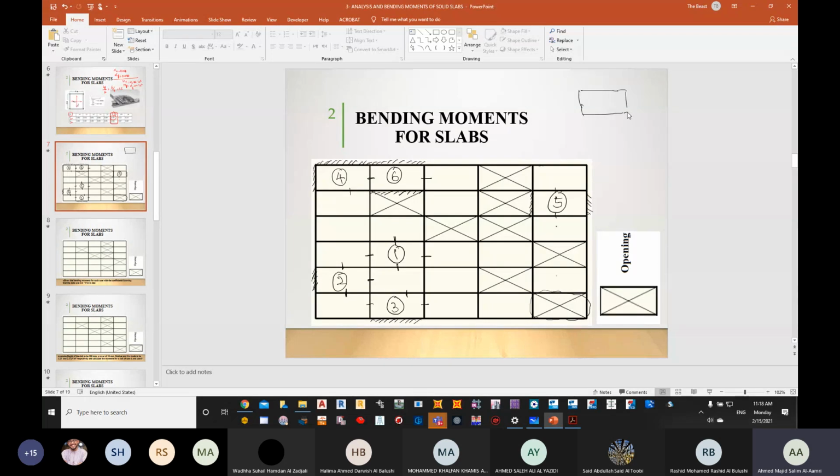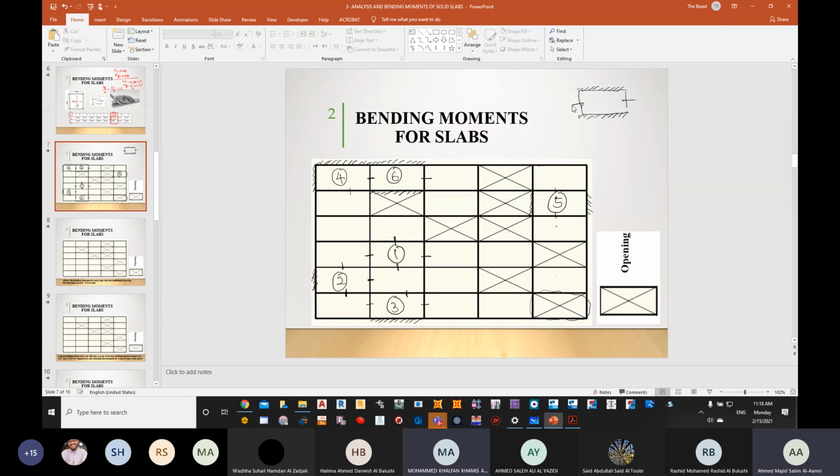No. So there is no slab, it's discontinuous. What about at the bottom? Do we have a slab or is it an opening? Opening, so it's discontinuous, there is no slab. What about the right side and left side? Continuous. So how many continuous and how many discontinuous? 2 continuous and 2 discontinuous.